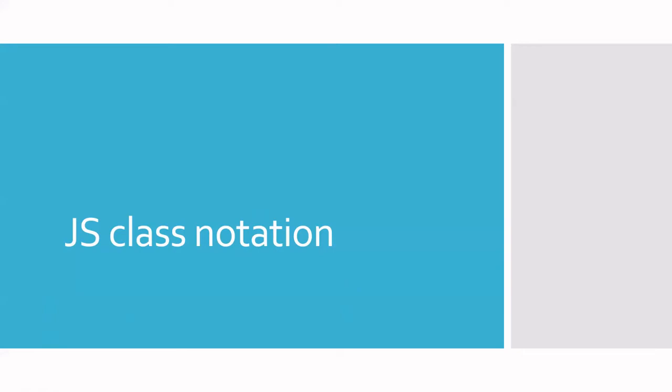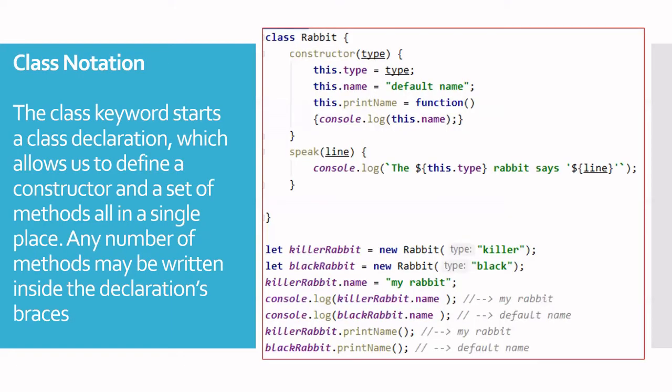The code looks like we are creating a class, but in reality, it is exactly the same as we just learned about constructor function with some enhancements. Okay, now let's see how it looks if we use the class notation.